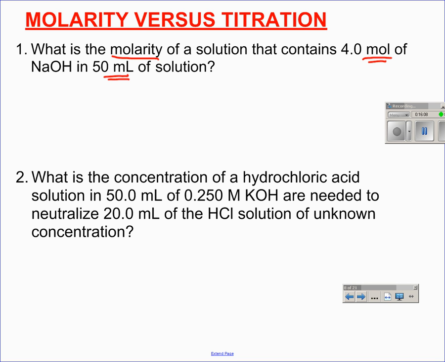So I look, and there are two possibilities. There's the molarity formula and there's the titration formula. In this case, I realize that molarity equals the moles, which is what I'm given, of solute over liters of solution. So I'm given moles and I'm given milliliters, but I am given a volume. So this is the formula I'm going to use. How many moles? 4.0 moles divided by, now I have 50 milliliters.